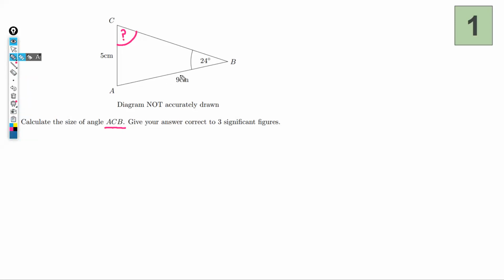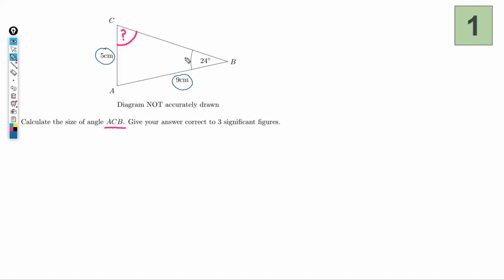We have the length of 2 sides. One side is 9 centimeters, one side is 5 centimeters. And they gave us an angle also. But you notice one angle is opposite to one of the given sides. So you have a given side and a given angle. Both are opposite each other.